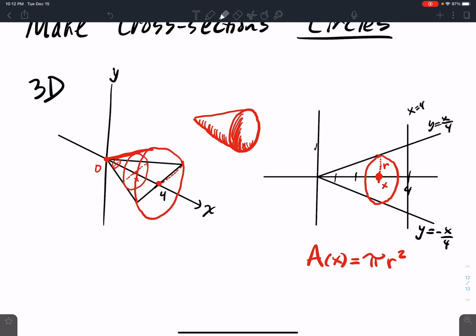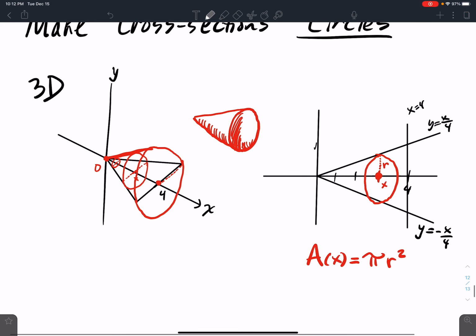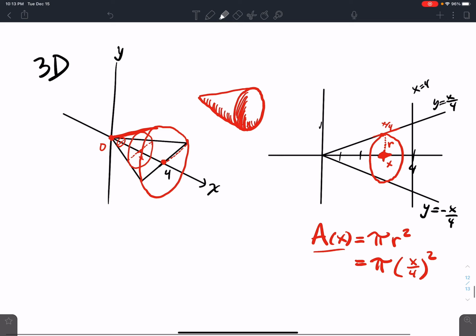Well, that distance R is literally the distance from the line here to the x-axis. So that is exactly x over 4, right? So what does that tell me? That tells me that this area function in terms of x is pi times x over 4 squared. Okay, so once again, this radius r is the distance from x over 4 to 0.